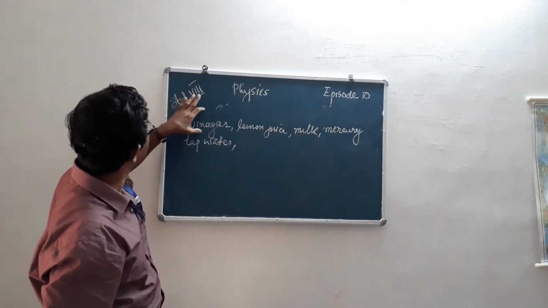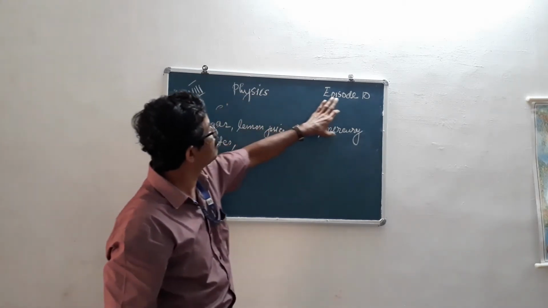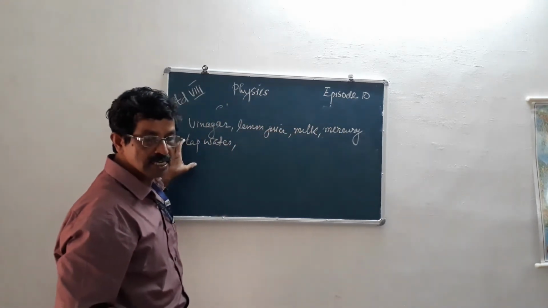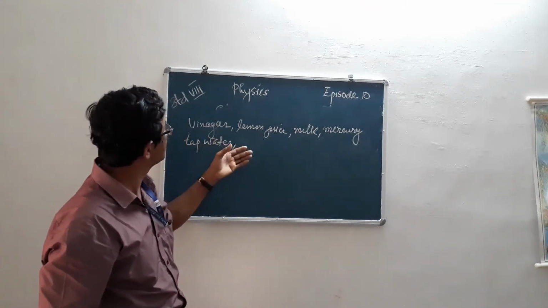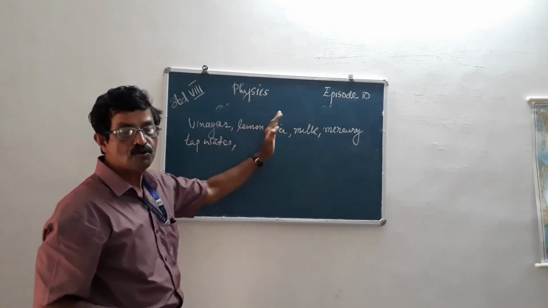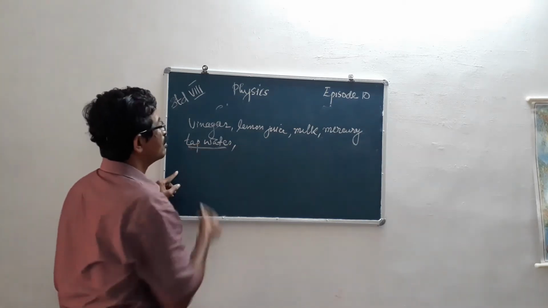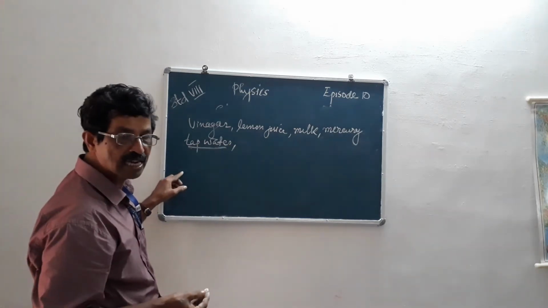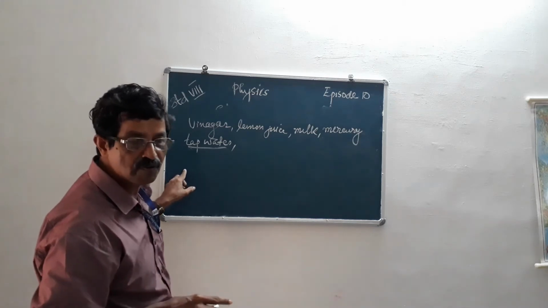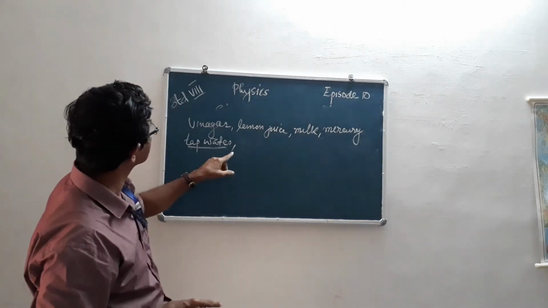So vinegar, lemon juice, milk, mercury, tap water and water taken from the well, etc., are good conductors. Why are these all good conductors?